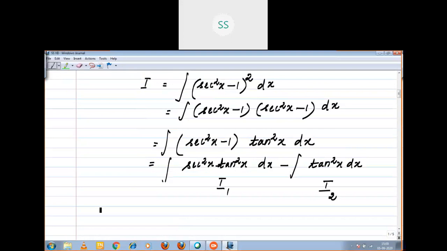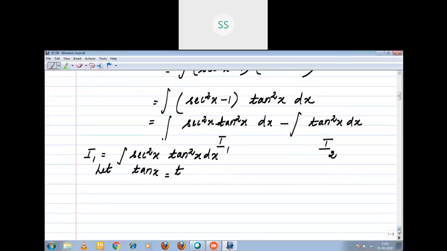First, let tan x equal to t. Here I am going to adapt substitution in integral 1, right? I1 equal to integral secant square x into tan square x dx. There is no product rule and all. You can adapt only substitution, right?